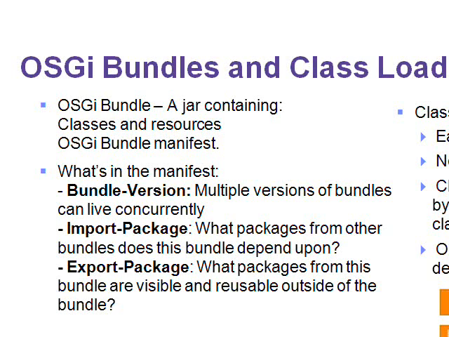Alongside that, there is no monolithic class path anymore. Like I said, each bundle has its own class loader, so you don't have the hierarchical way of class loading anymore. Each bundle has its own class loader, which makes it independent and able to be used independently.